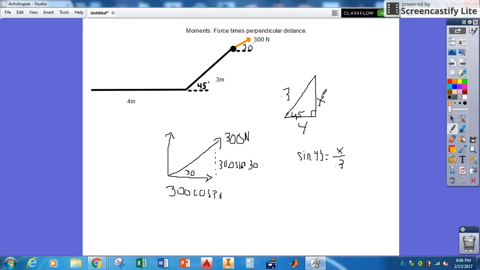So now we know that this height is 0.212. Since this is a 45-45-90 triangle, both of these sides are the same, so y and x equal 0.212. So now we've found this side and this side.